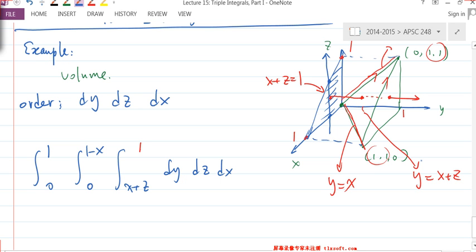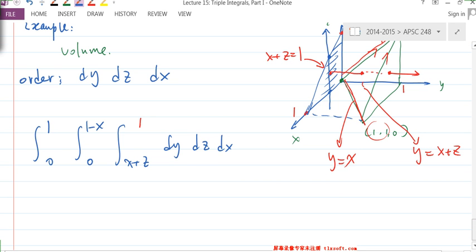Okay, so here's what I want you to do now. If I change the order, I want you to exercise this. What are the integral limits if I want you to do this order?